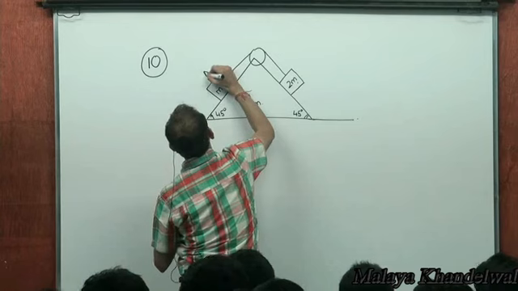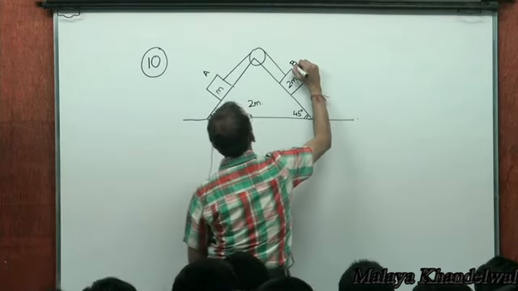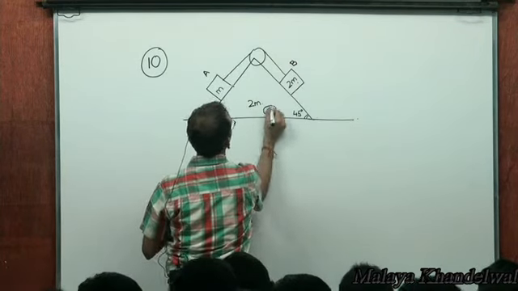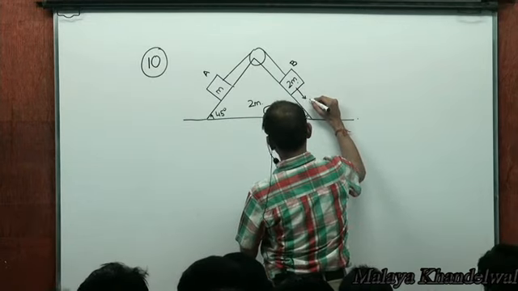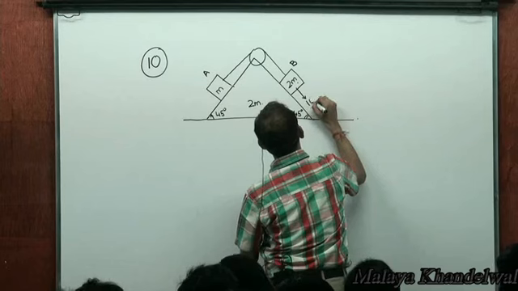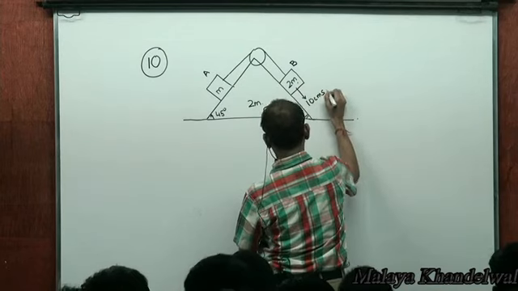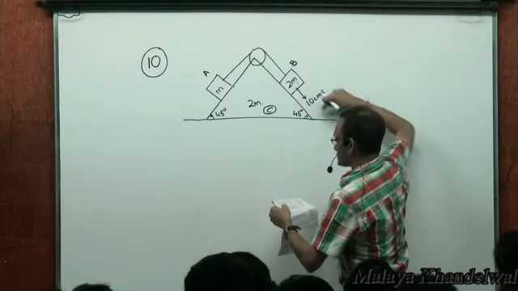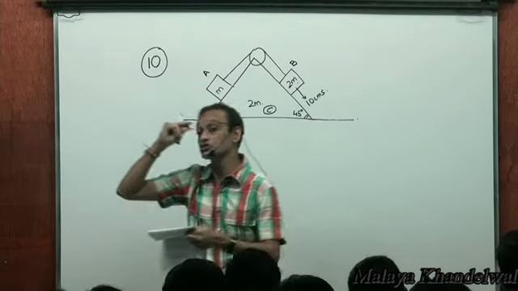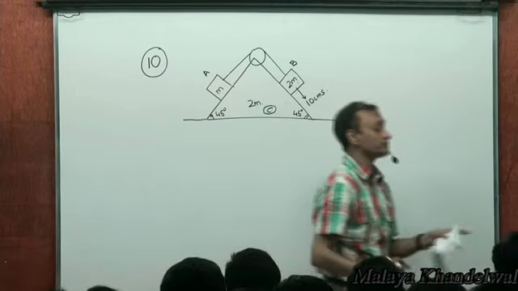This is block A, this is block B, this is the wedge C. When B slides down the plane a distance of 10 centimeters, what is the displacement of the wedge C? Okay.